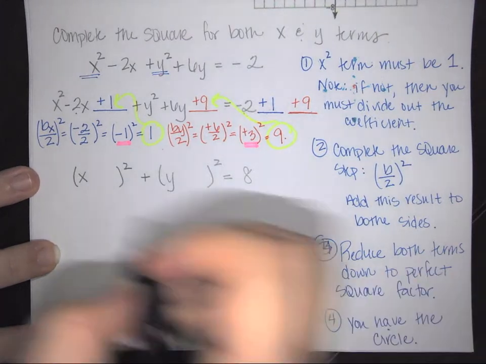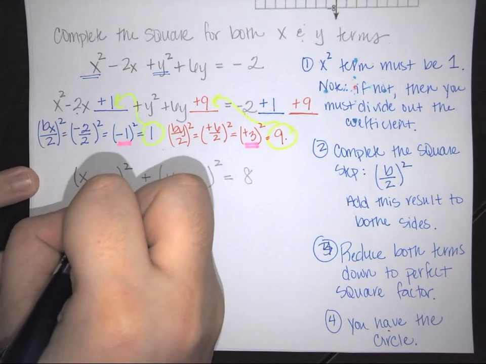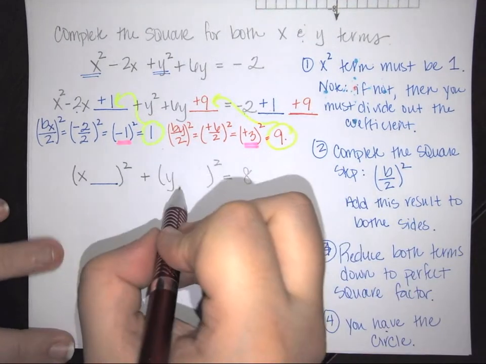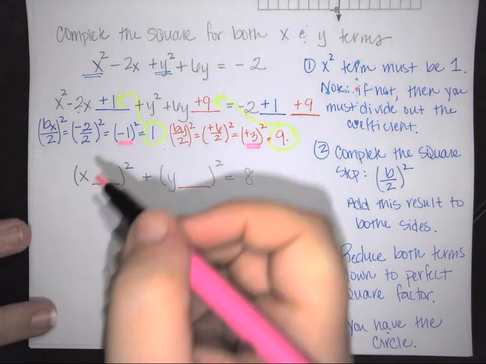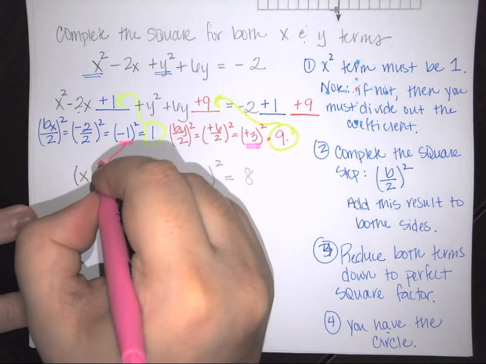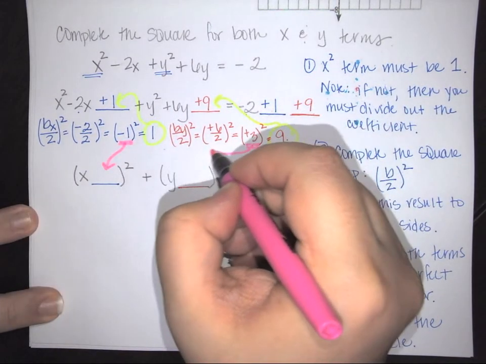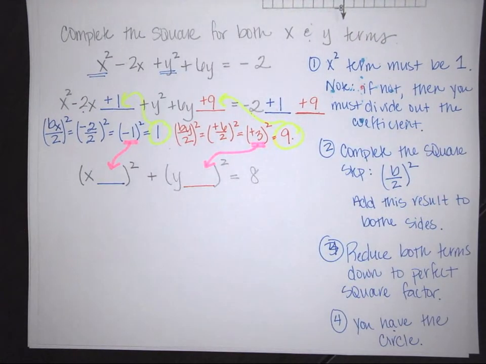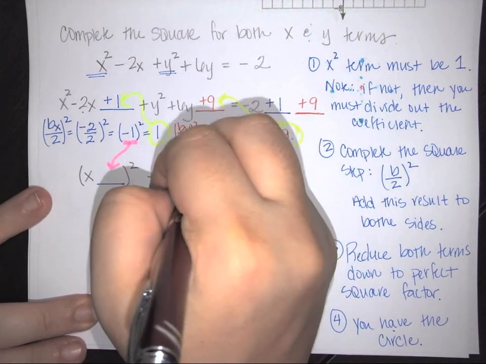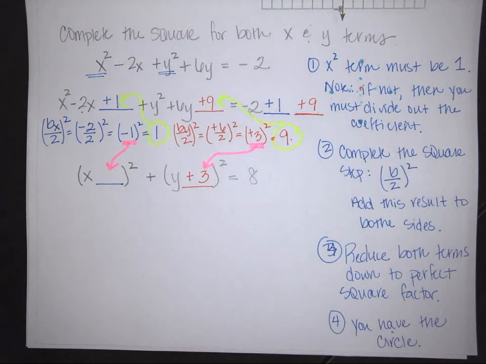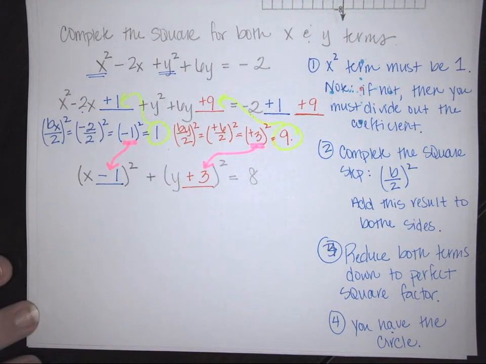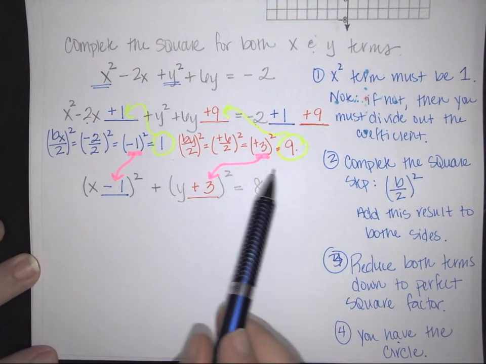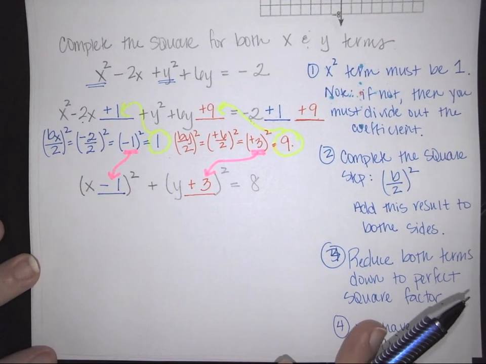And then what we have in here is that this is my x and this is my y. That's where these middle terms become important, because this term goes down here and this term goes down here, and that's what creates your perfect factor. So this becomes plus 3, and this becomes minus 1. Now if you look very closely at it, notice we have the equation of our circle.